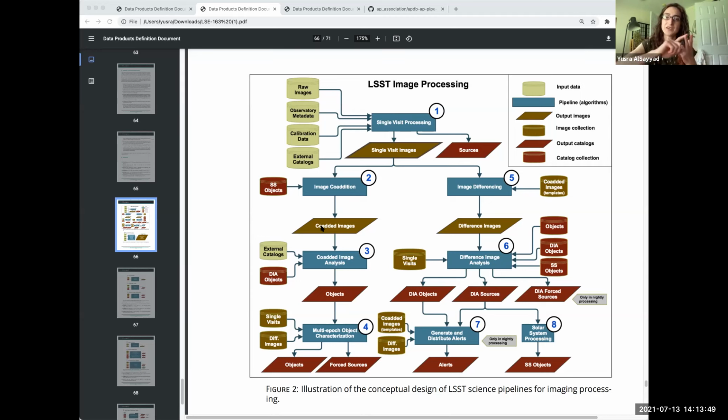So detection, measurement, and image differencing are all reasons to make coadds, but they all require different coadds to perform optimally. And all of those will be available.